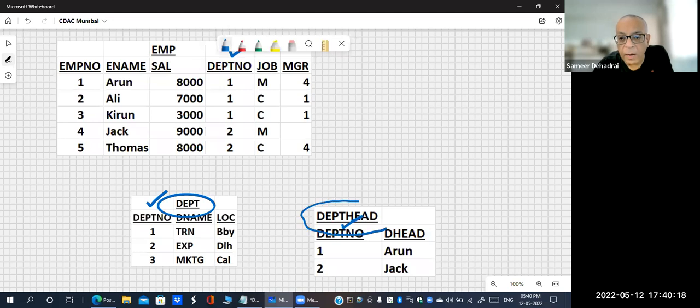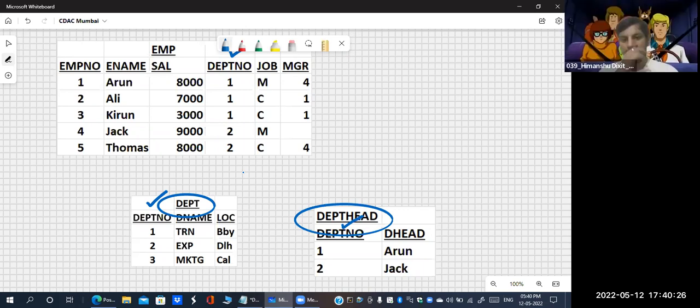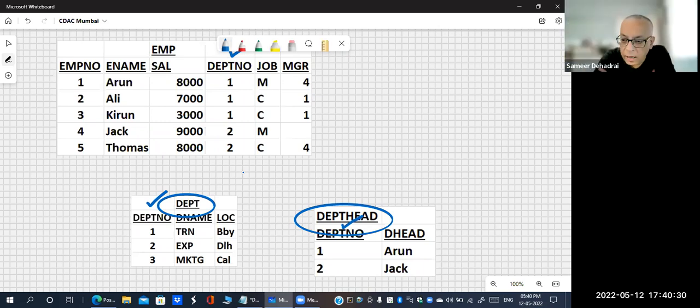If you compare department table with department head table, one department is having only one D head. One D head is managing only one department. Is an example of 1:1.